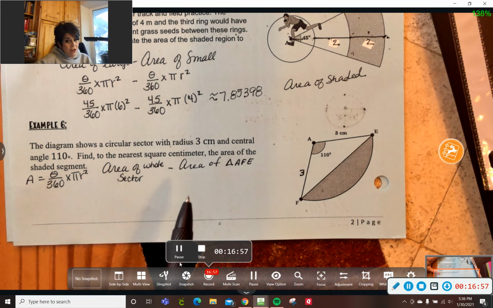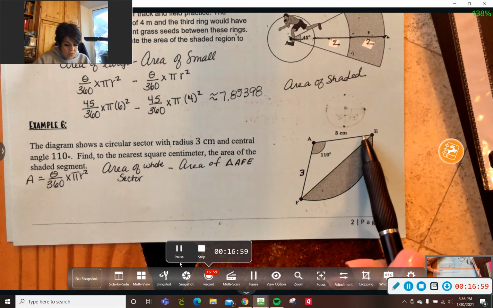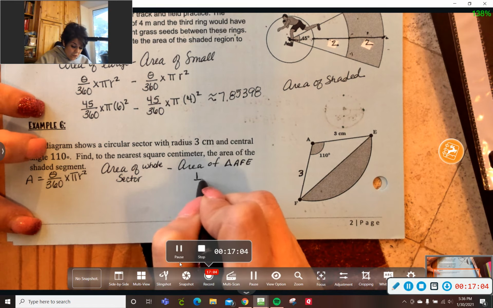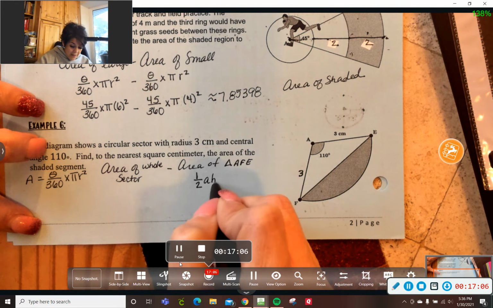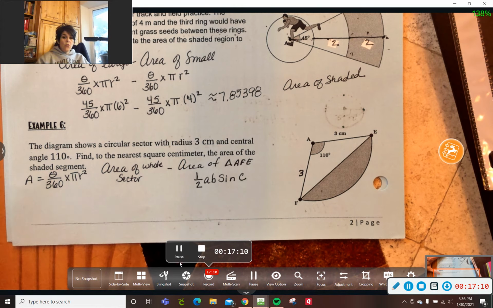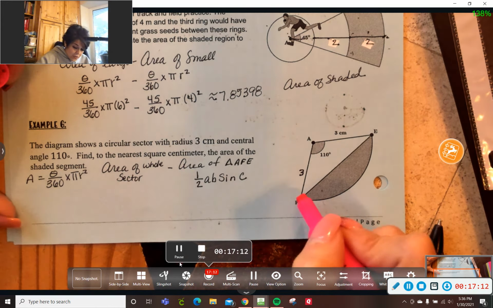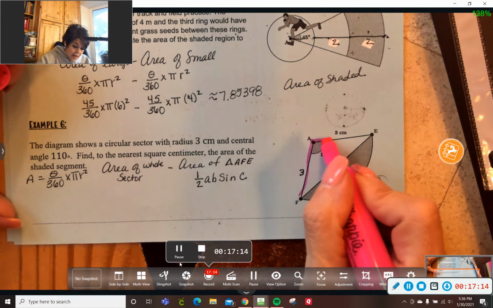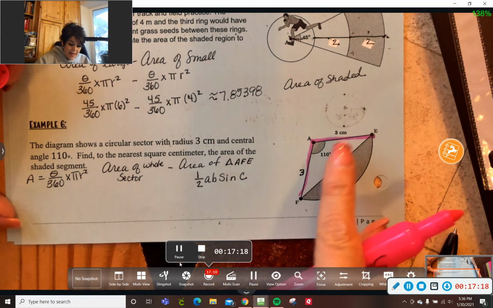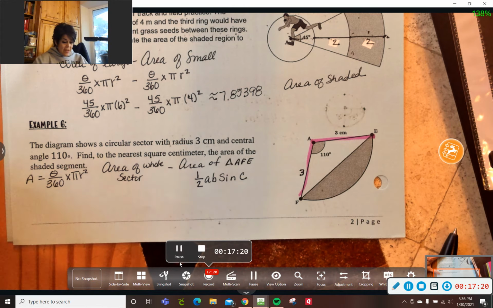To find the area of the triangle, you have to use that formula, 1/2 ab sine of C. And remember, in order to use that, you need to know the side, the angle, and the side, which you do. 1/2 ab sine of 110. Now, you're going to plug all that in.